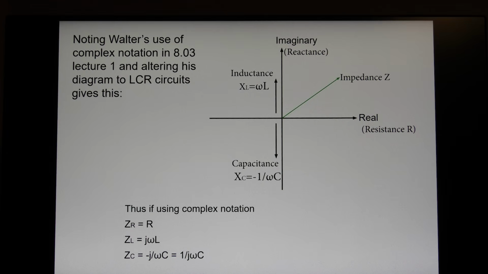ZL, the impedance of an inductor, is J omega L, where J we are using as the square root of minus 1. In mathematics, you will usually see I is the square root of minus 1, but in physics and engineering, J is much more common because we both tend to use I for a current. And finally, the impedance of a capacitor is 1 over J omega C.